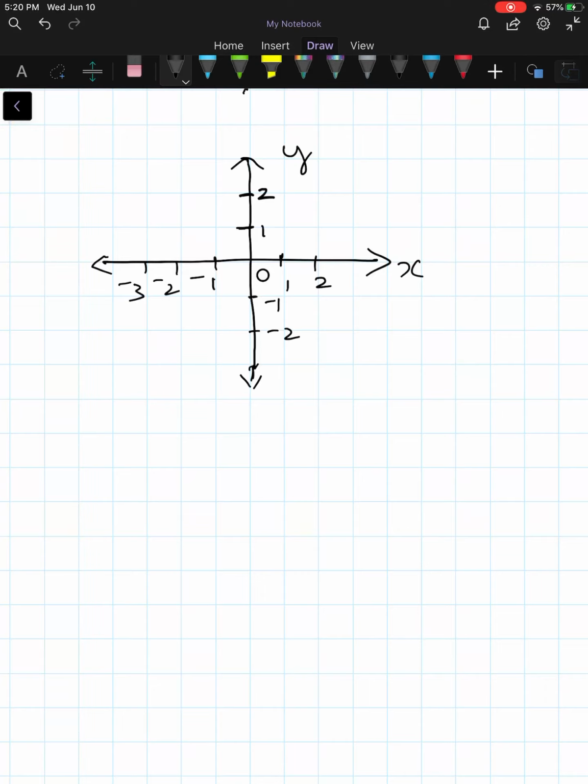So to plot point P, suppose you can imagine there is a person who is walking from the origin.